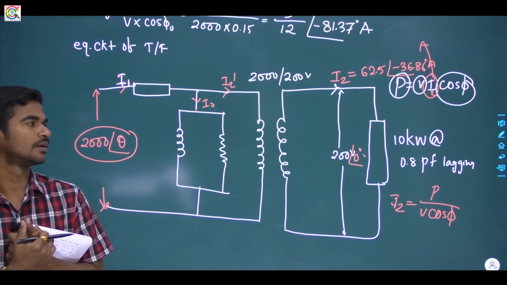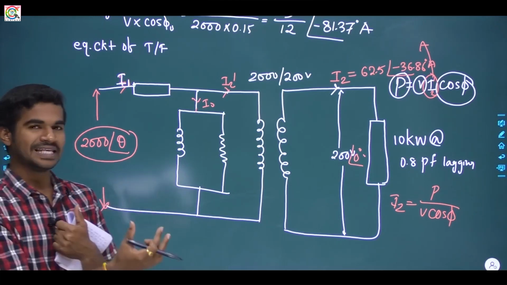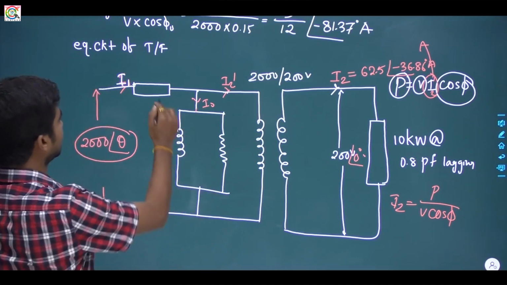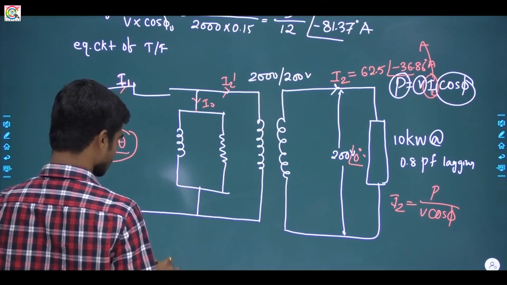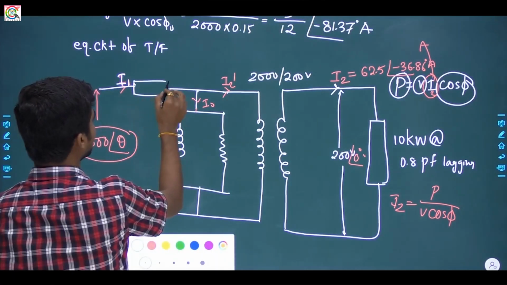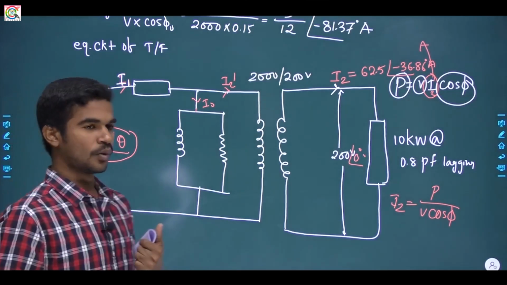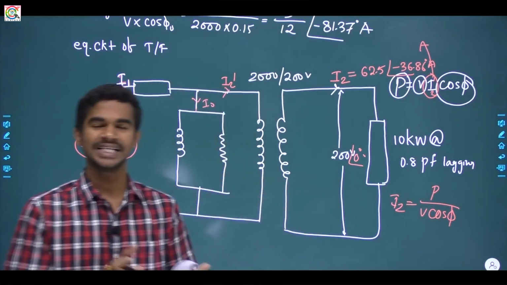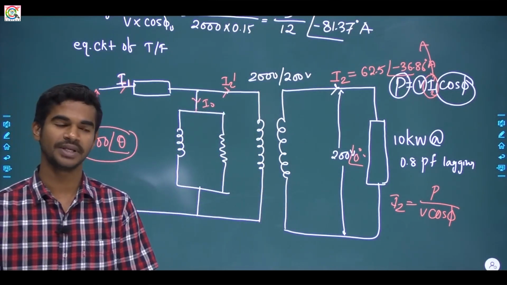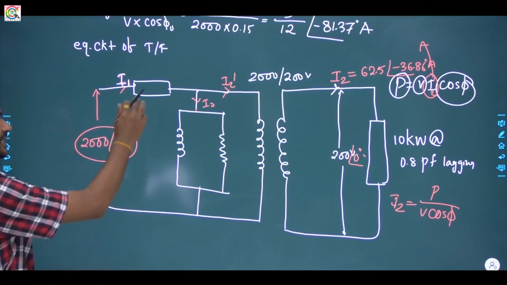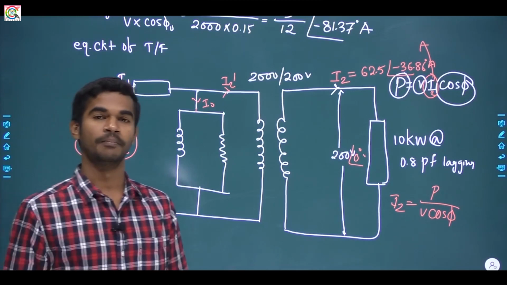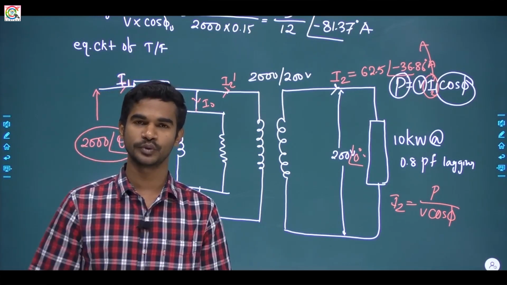Okay. So again another thing is left. This is the leakage impedance. Can you tell me what is the magnitude of this leakage impedance? It is given in the per unit form, but we have to write the absolute quantities.